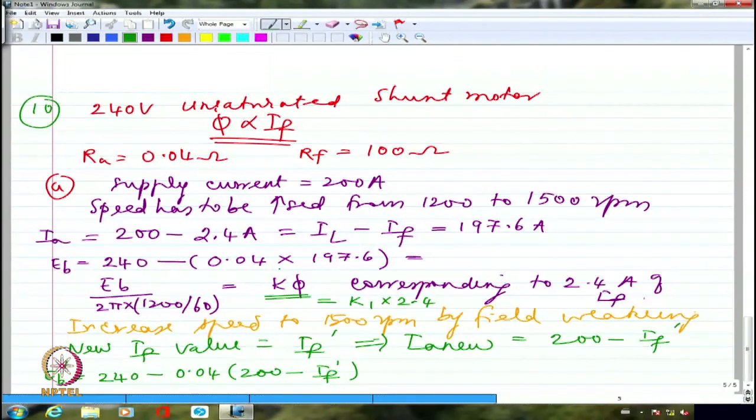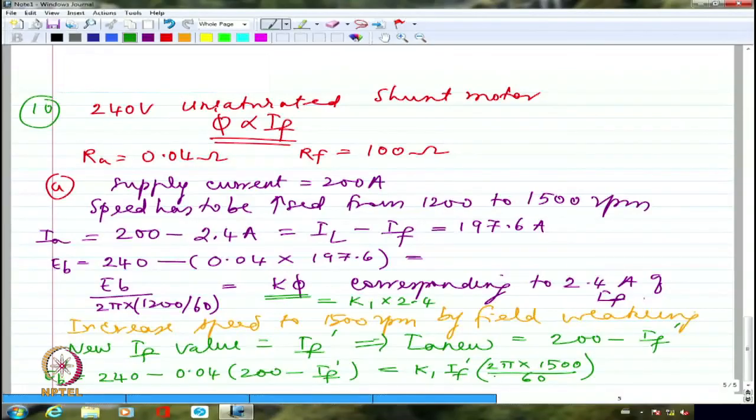That's what it means. So I should be able to calculate K1. K1 is available with me. That's not a problem. So EB dash should be equal to K1 multiplied by IF dash multiplied by 2 pi into 1500 divided by 60.